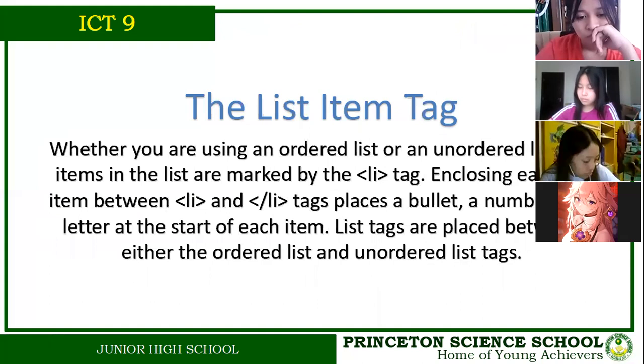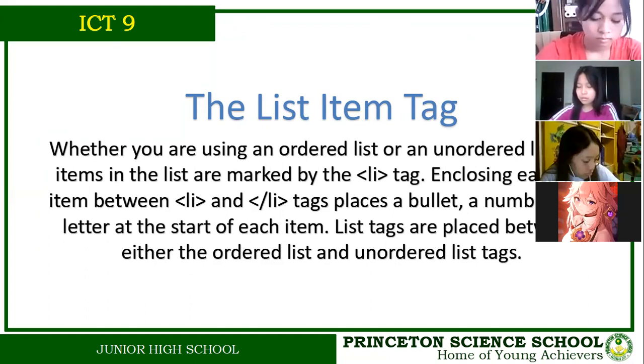So next is, of course, you know this already, the list item tag or the LI tag. Whether you are using an ordered list or an unordered list, the items in the list are marked by the LI tag.